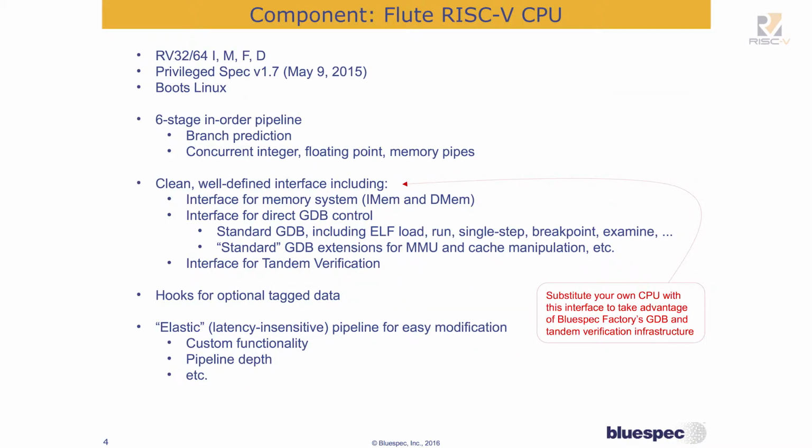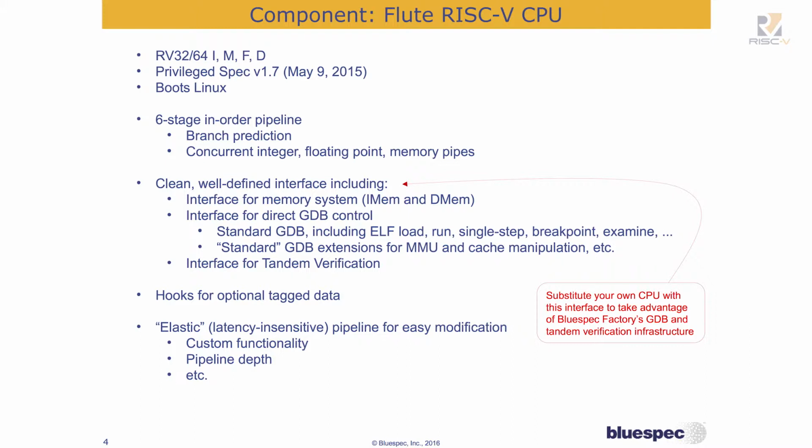So what are the components? The CPU we have is called Flute, so called because it's a pipeline that makes mellifluous music. From an architectural point of view, there's nothing fancy about it. It's a very straightforward 6-stage in-order pipeline with branch predictor, et cetera.